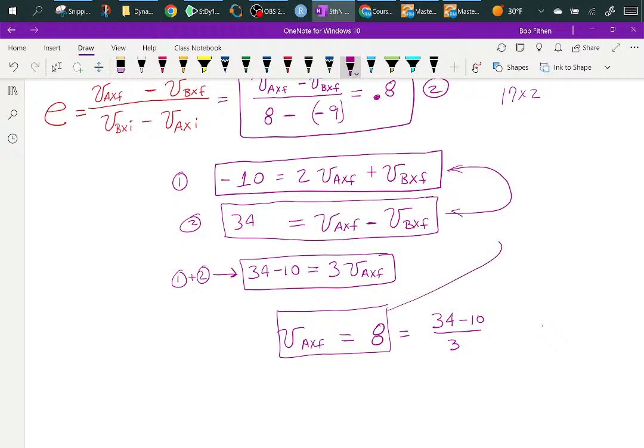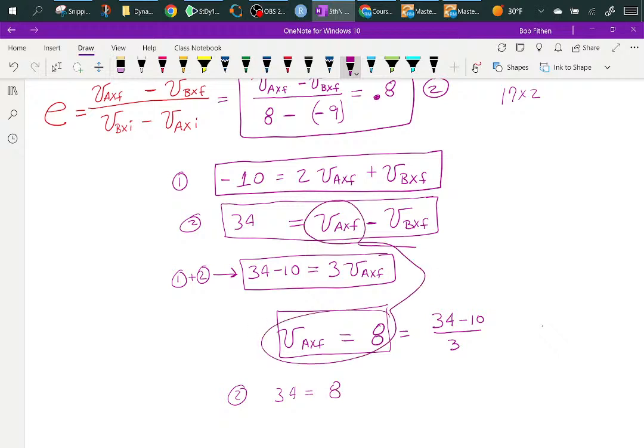Now I can take this 8 and put it in here, or I can put it in here. To me, this one's easier because there's no masses across the front of this. So if I do that, using equation 2, I get 34 is equal to 8 from right here minus VBXF.